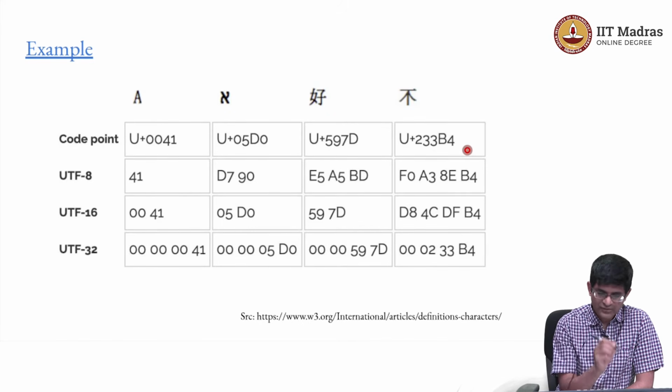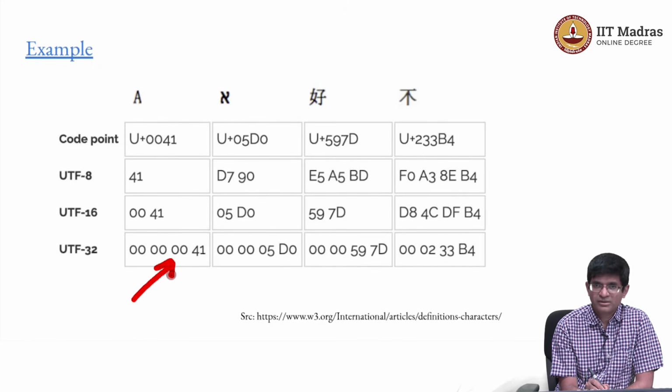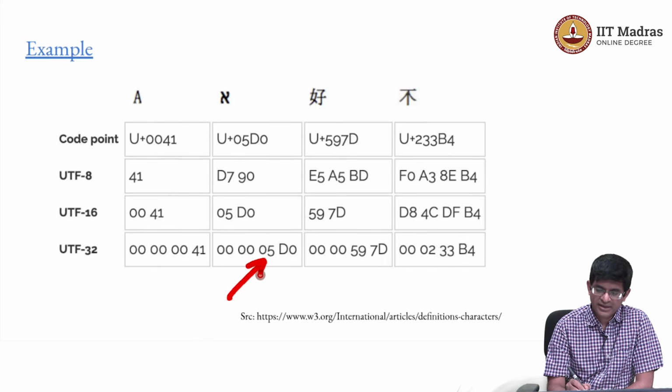Let's first look at the UTF-32s corresponding to these. The 0041 corresponds to just this. Literally the first 3 bytes are 0 and then 41 hex. The 05D0 gets translated into this, first 2 bytes of zeros followed by 05D0. 597D similarly also gets translated this way, and this other character 233B4 gets translated into 000233B4.